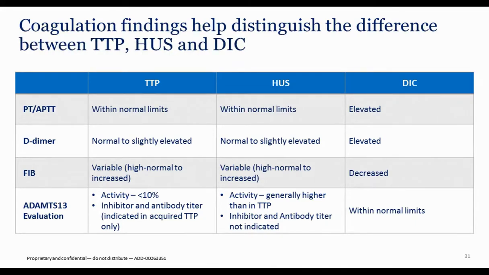In the case of HUS, we can also measure the level of ADAMTS13 activity, and in these patients, the level is much higher than the 10%. The inhibitor and antibody reflex testing would not be indicated in patients with hemolytic uremic syndrome. And then finally, in patients with DIC, these tests would not really be indicated at all, but if they were done, the results would be within normal limits.